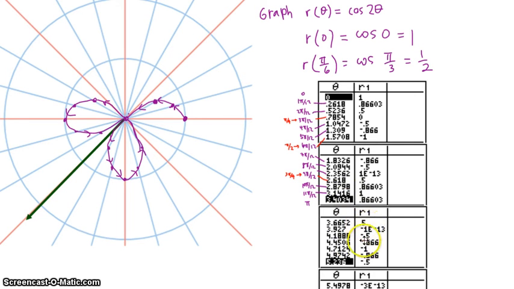From here, negative 0.5, which is going to be here, and then when this green cursor goes here, it's negative 0.866, then negative 1, negative 0.866, negative 0.5, and then back to 0 at 3 pi over 2.